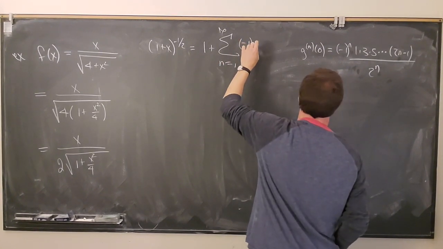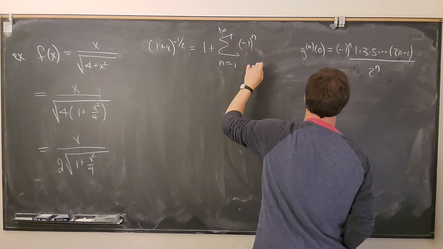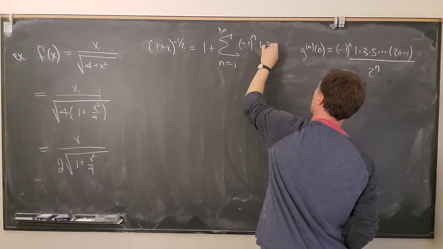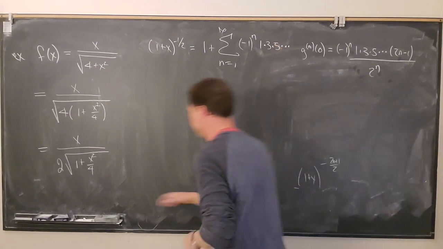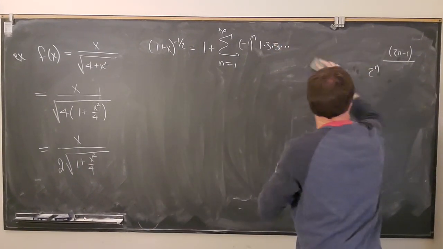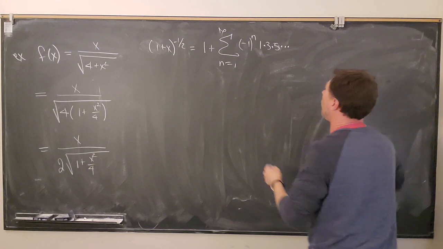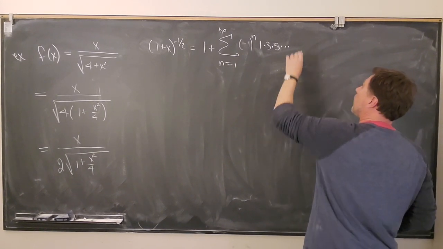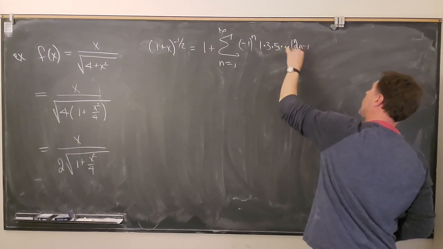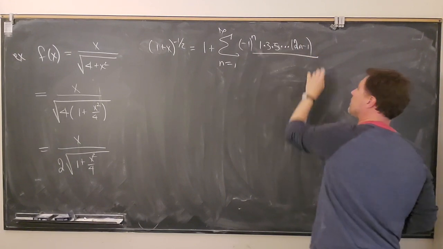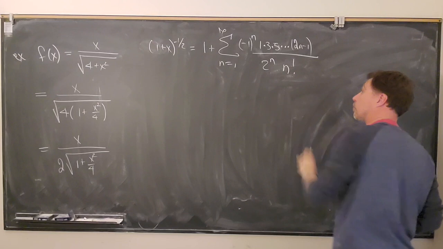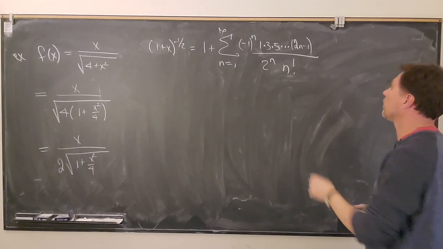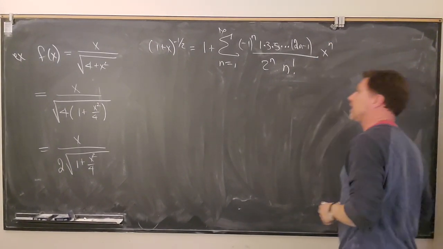Minus 1 to the n, 1 times 3 times 5 dot dot dot out to 2n minus 1 divided by 2 to the n times n factorial. Remember, you have to divide the coefficient by factorial. x to the n.